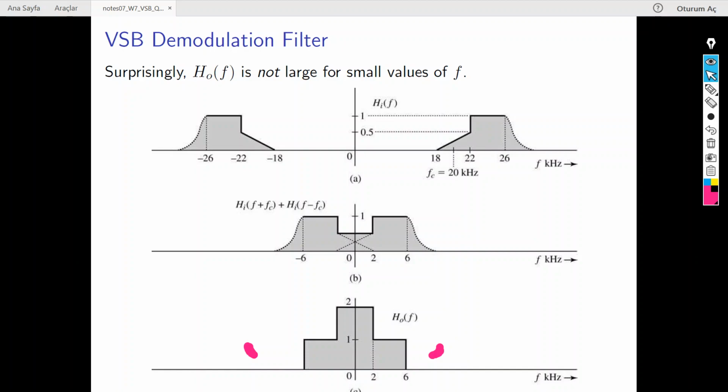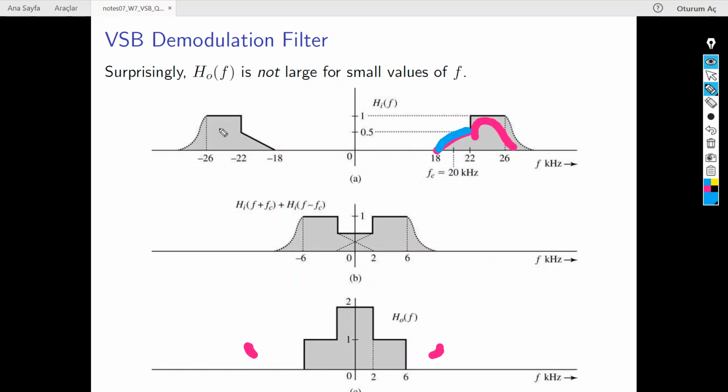Let's say your signal is something within this region. And the vestigial sideband, due to the transition, you take some additional part. This belongs to the filter, this belongs to the signal.